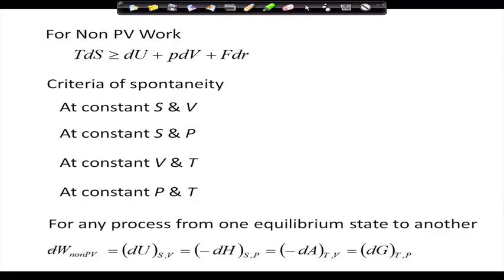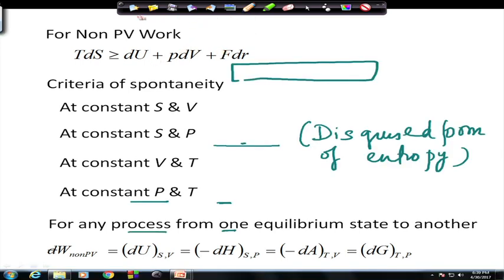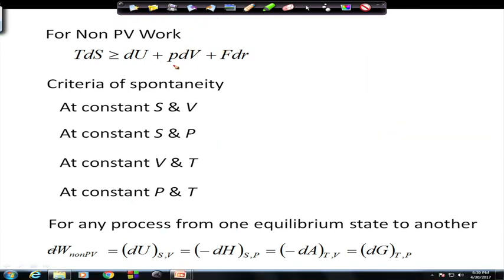Let the system be closed, but it performs some non-PV type of work. Naturally, along with PdV, we have one FdR term as well, isn't it? Where F is the thermodynamic driving force and R is the thermodynamic displacement.